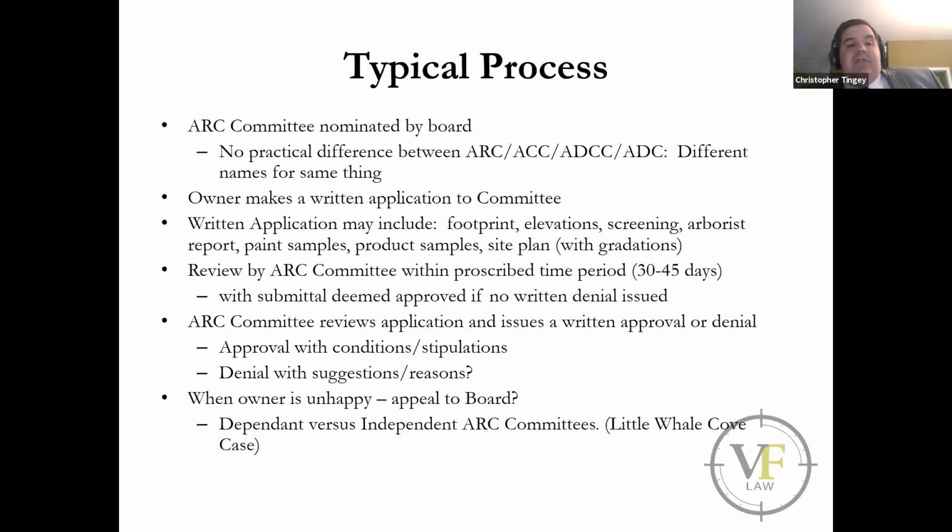In Jackie's case, it looks like they also have a monetary limit. So if I go out and I put pavers in my yard and it's less than $500, I don't need to get ARC approval. But if it's more than $500, I do. And I'm not really a fan of those because prices change over time, and the value of that $500 is very different as time changes.